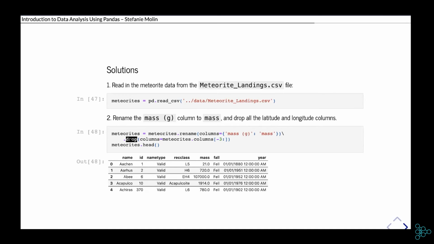Next, we call the drop method, and we're passing to columns the columns that we want to drop. I'm using a trick here where it turns out in this particular data set that the last 3 columns are actually the ones we want to drop. So I take the columns and I index from the third to last to the end, and then I am able to remove all those at once. So then looking at the data, we now have the renamed mass column, and we got rid of those other columns.